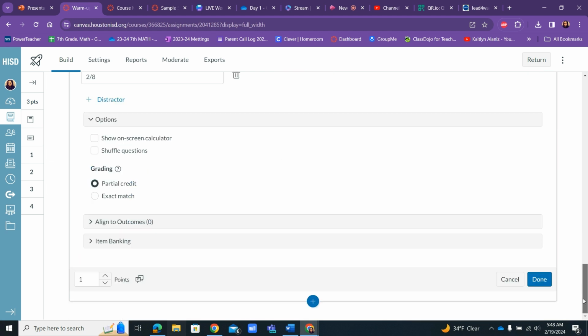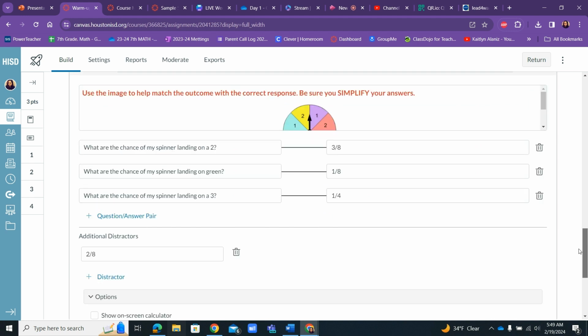Now, down here for the grading, you can do partial credit or you can do exact match. Partial credit is like, let's say they got the 3 out of 8 and the 1 out of 8, but they fell for my distractor of 2 out of 8, right? It's not really fair for them, but let's say they did that.